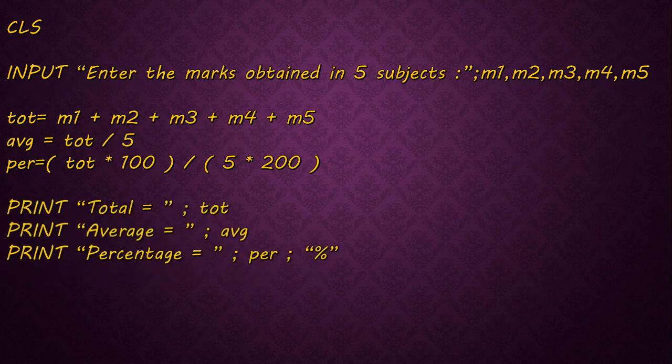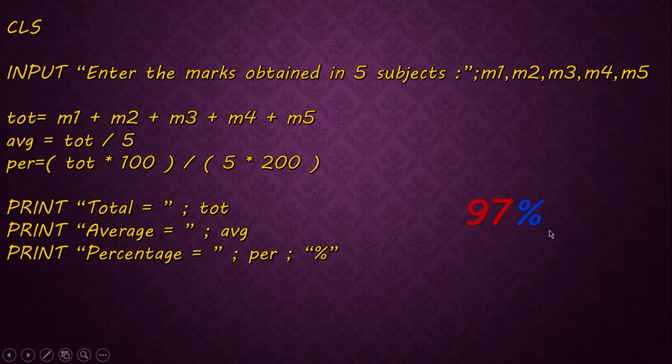This is how the percentage formula is computed, and what is finally left for us to do is print these 3 results. One thing you will note here is something different in the percentage printing line. Percentage equals to, then I have given the variable, and again I have given something in quotation marks. Why? Because suppose you have got 97%. How do we write it? 97, and then we give a percentage symbol to signify that this is the percentage I am getting.